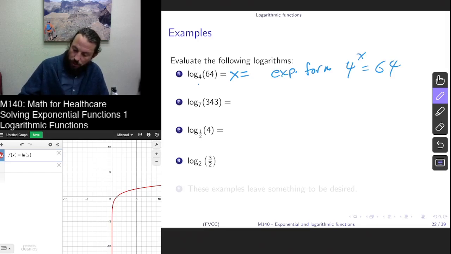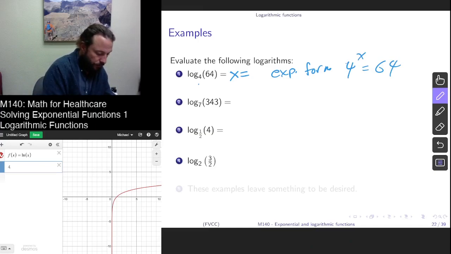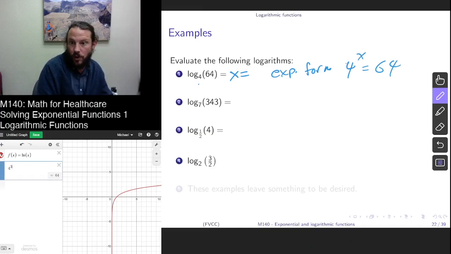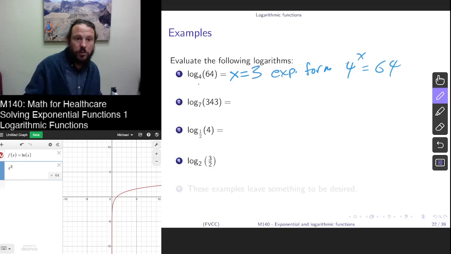I'm just going to double check what I got in my Desmos. 4 to the third. Sorry about that. I'm not always the quickest with my calculations.